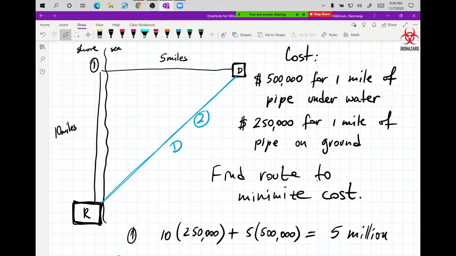And now you would think that the big boss would say, let's go and build the $5 million one because it's obviously almost 600,000 cheaper. But then you as a contractor say, hold on. How about if we go a little bit on the ground and then cut through the water like this?